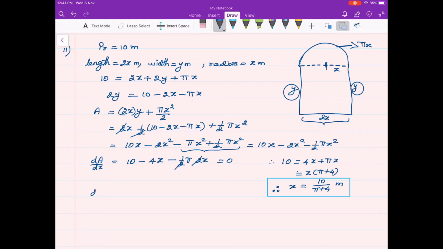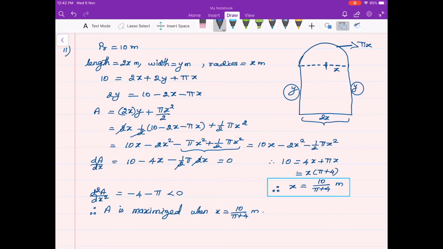Let us do the second derivative test. d²A/dx². 10 is a constant, derivative is 0, minus 4 minus π, which is negative. Therefore, area of the window is maximized when x is 10 divided by π plus 4 meters.